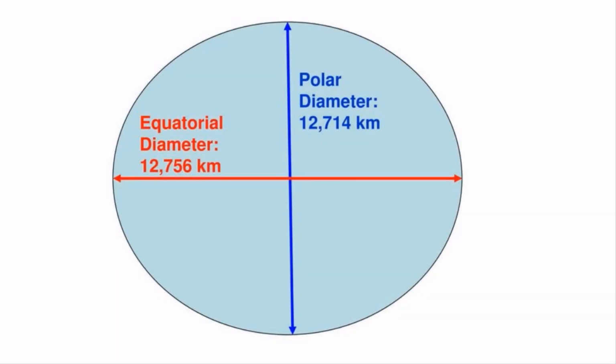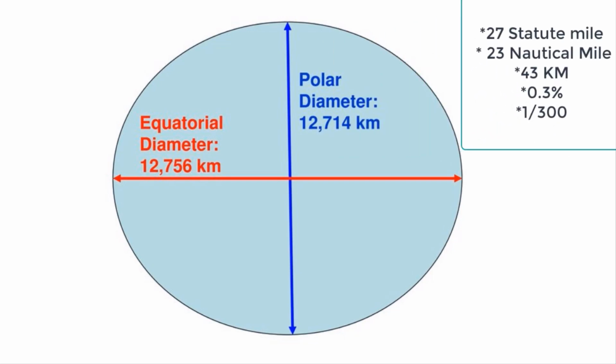There is a difference in diameter called earth compression. Compression is in terms of polar diameter to the equatorial diameter. The polar diameter is 27 statute miles shorter than the equatorial diameter, or we can say 23 nautical miles or 43 kilometers, or in percentage that is 0.3 percent, or in fraction 1 by 300.